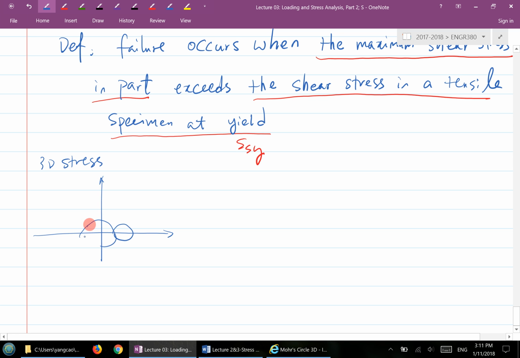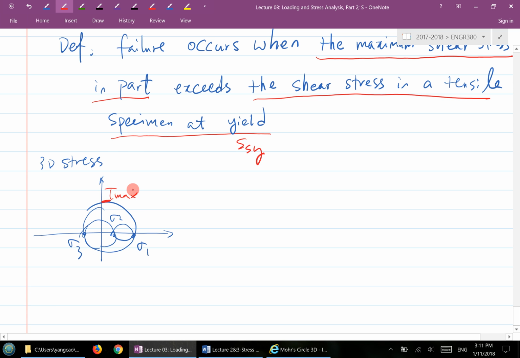You basically draw three circles, and the three circles are based on sigma 1, sigma 2, and sigma 3. So this is your 3D Mohr's circle. If you look at the 3D Mohr's circle, where is the maximum shear stress? It's here, and that's the shear stress based on which circle? The circle between 1 and 3. And this is your tau max.